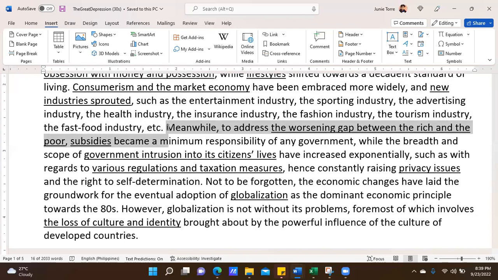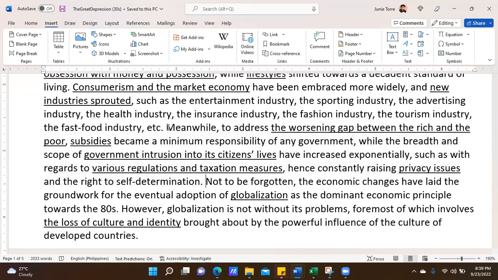Meanwhile, to address the worsening gap between the rich and the poor, subsidies, ayun, lots of question on government subsidies, became a minimum government responsibility, while the breadth and scope of government intrusion into its citizens' lives have increased exponentially, such as with regards to various regulations and taxation measures, hence constantly raising privacy issues and the right to self-determination.